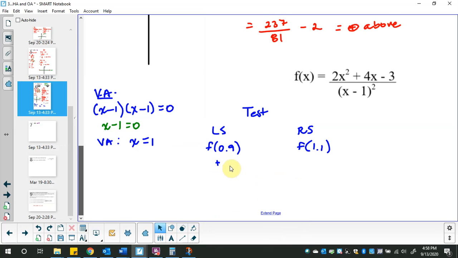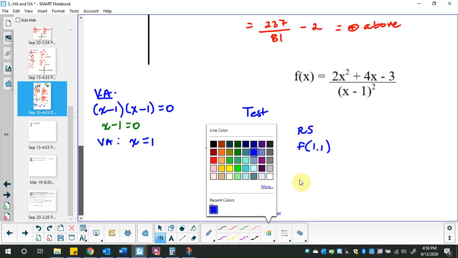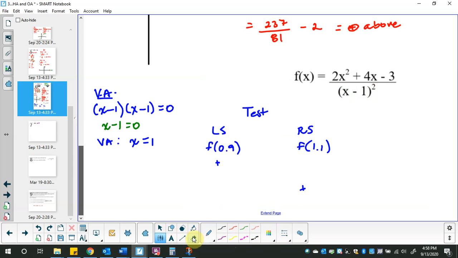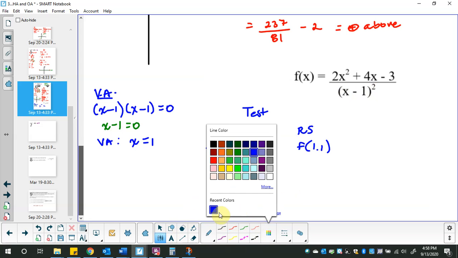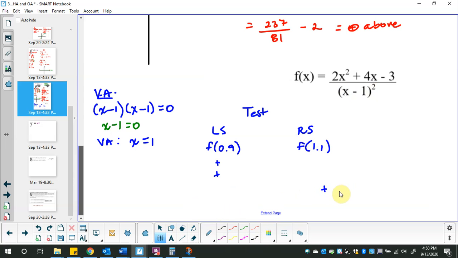Now, I'm going to be super smart here. 0.9 in this bracket minus 1 is negative. Negatives being squared are positive. A positive divided by a positive is a positive, so we can say that this is an up arrow.